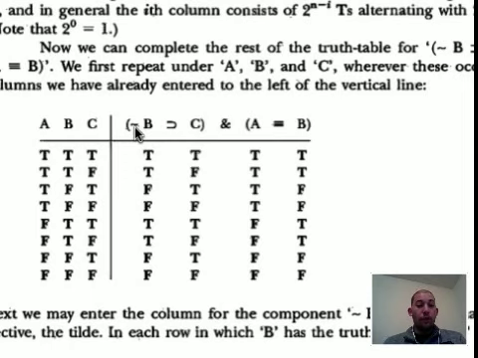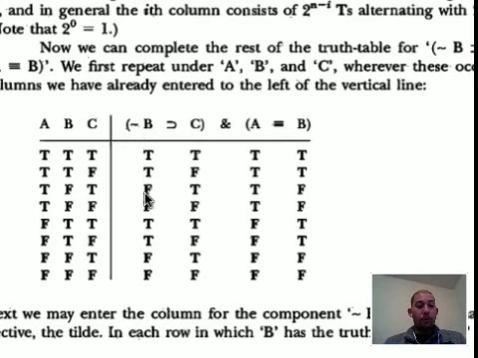So the first thing we're going to then do is assign this column the truth values according to the truth table of negation. So when B is true, negation says that we flip the truth value, so we would put false here. Likewise in this scenario.